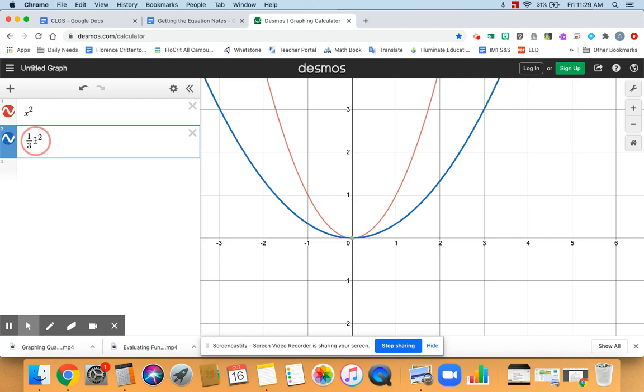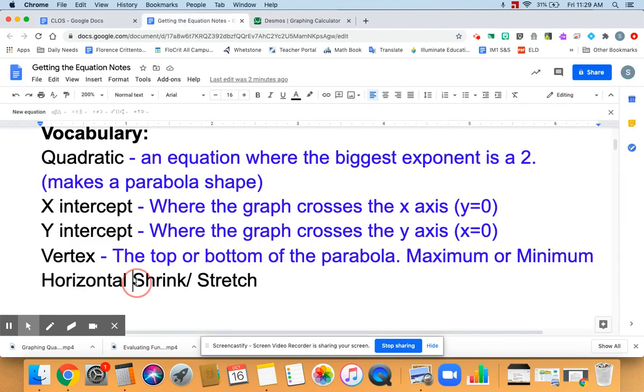So if there's numbers in front, if there's an A value in front, it will either smush the graph or stretch it out. Which is why it's called a horizontal shrink/stretch.